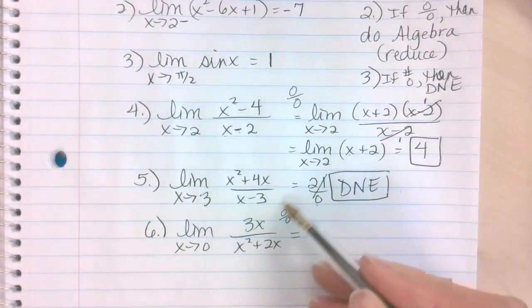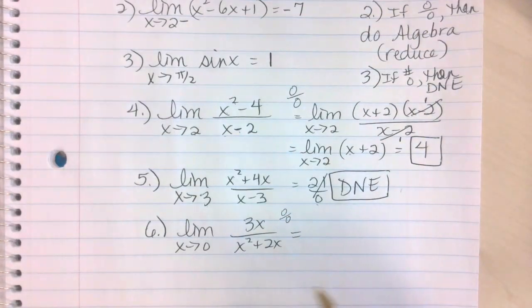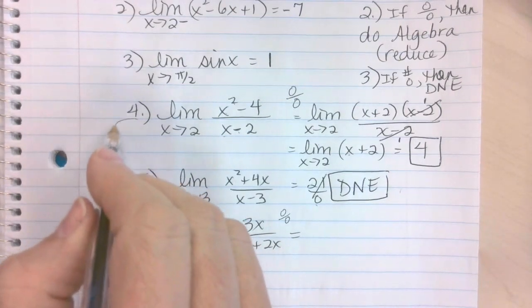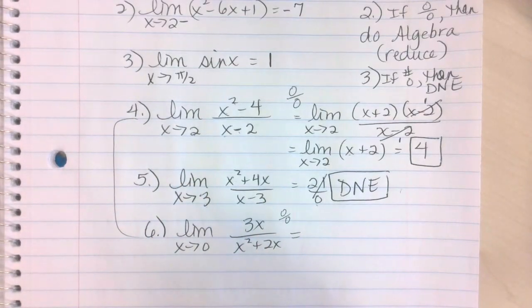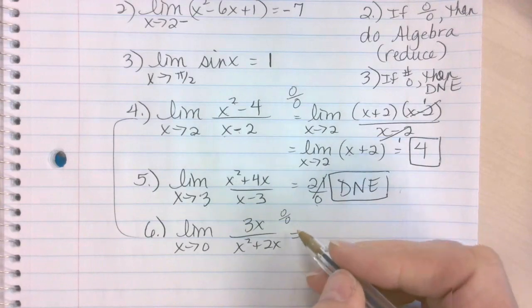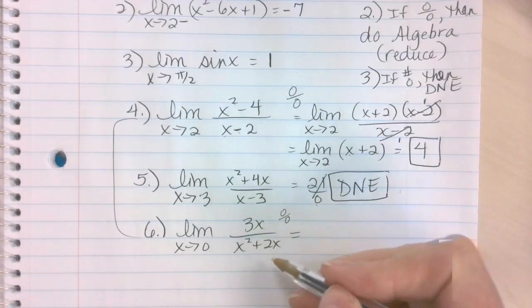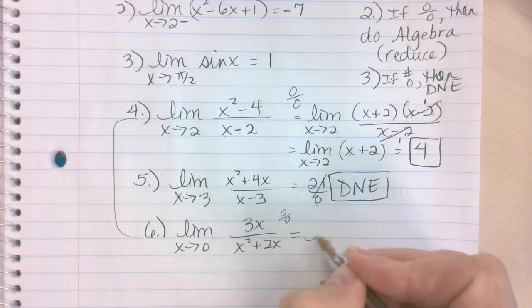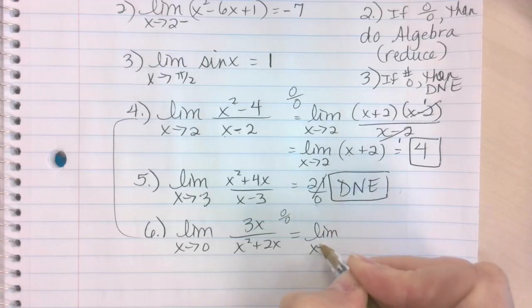Bottom line is 0 over 0 tells me, hey, I need to keep going, okay? We will have some really cool tricks for these 0 over 0 ones after we finish chapter 3. But for right now, let's just factor that denominator.